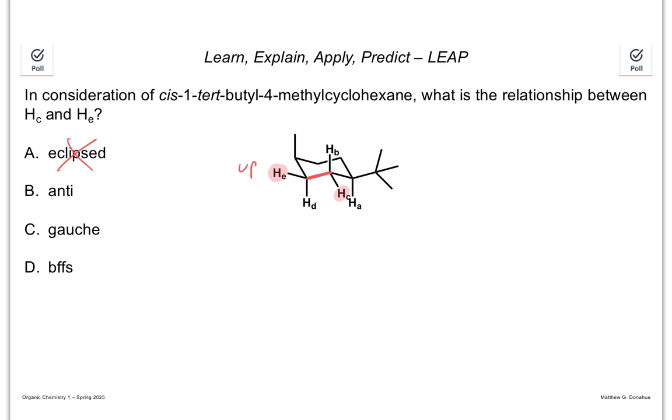Because you have one that's up and one that's down. We already saw for the prior problem, the trans diaxial, that was anti. They may or may not be best friends, so the answer is gauche. That's 60 degrees. Because you have one that's up, one that's down. If you're looking down this bond in the Newman projection, the angle is this. So that's 60 degrees, that was gauche.